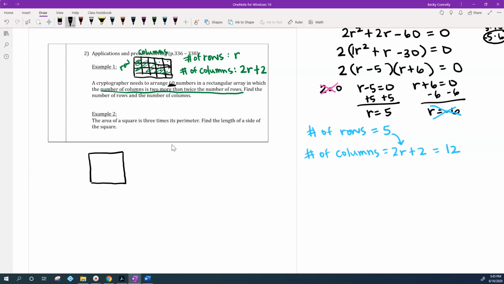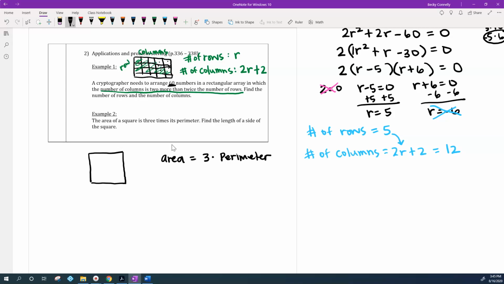So it says I'm talking about a square, and it's telling me how the area and the perimeter are related to each other. So it's saying that the area is going to equal 3 times the perimeter.